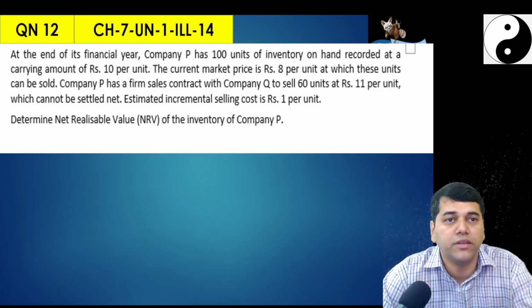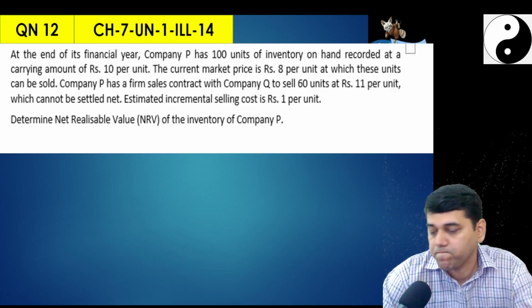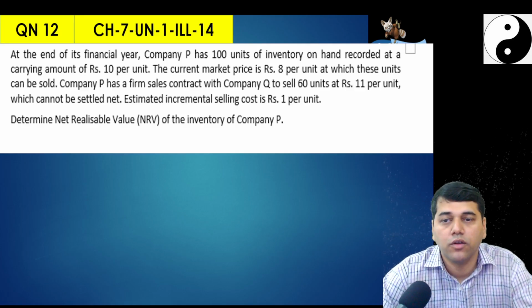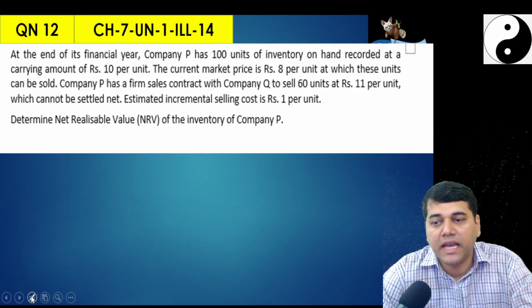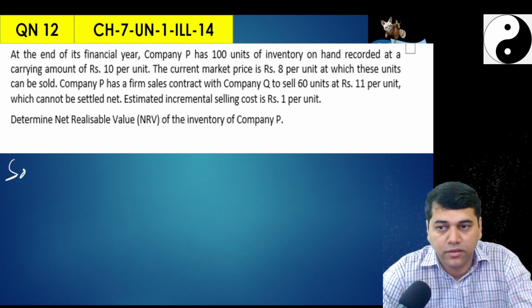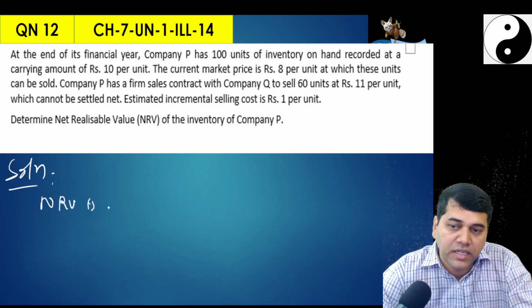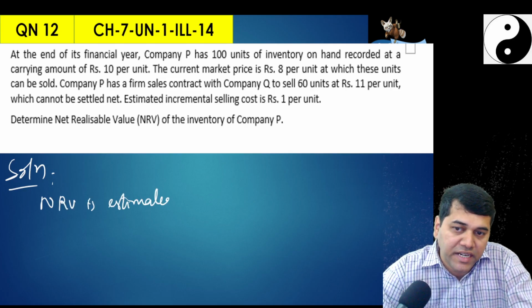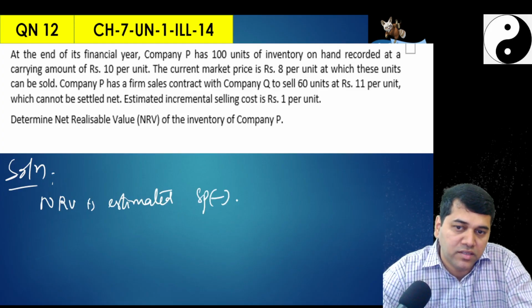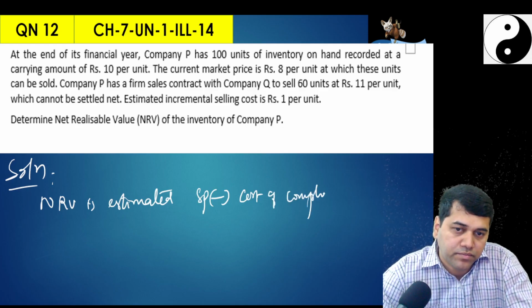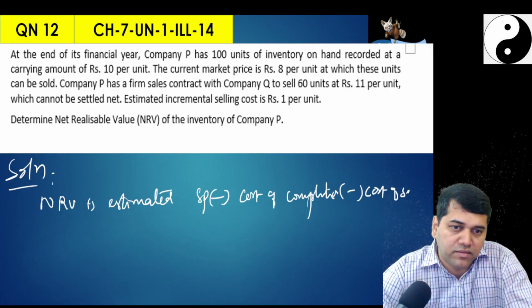So what is my NRV? We'll write here NRV. You need to tell me, because they say determine NRV. NRV is estimated selling price minus cost of completion minus cost of sale.